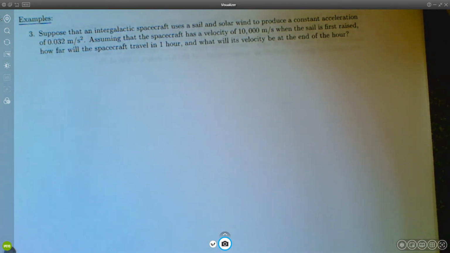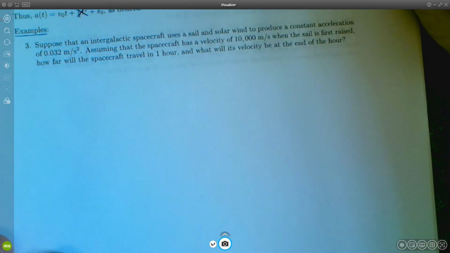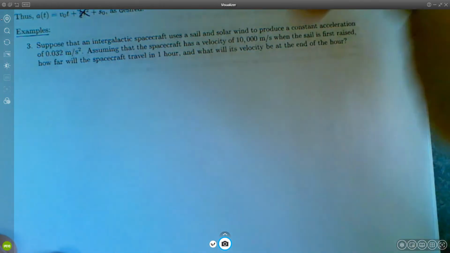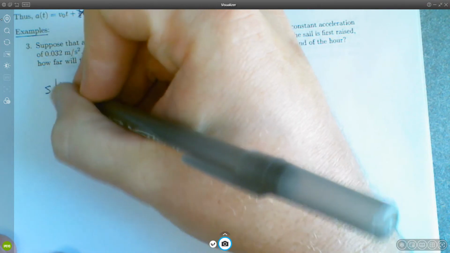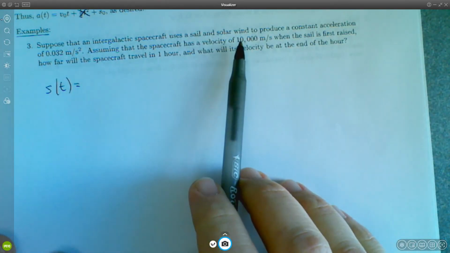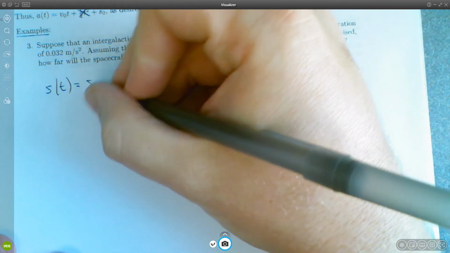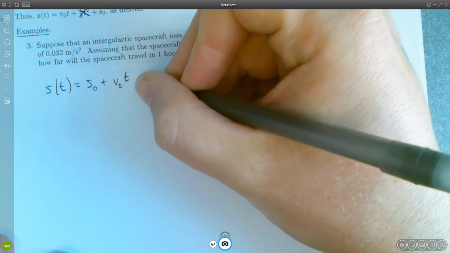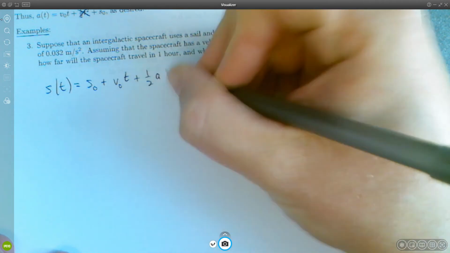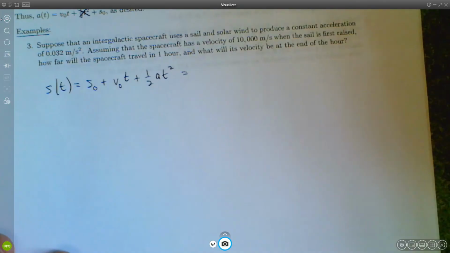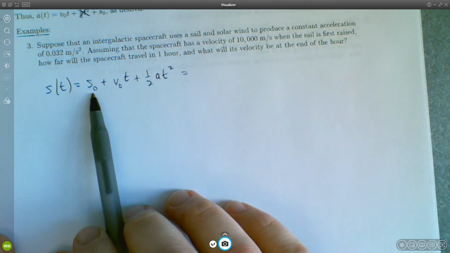Okay, so how far will the spacecraft travel? Well, we know that if it has this constant acceleration, then the position is its initial position plus initial velocity times t plus 1/2 times the acceleration times t squared, which in this case, the initial position is 0, right?